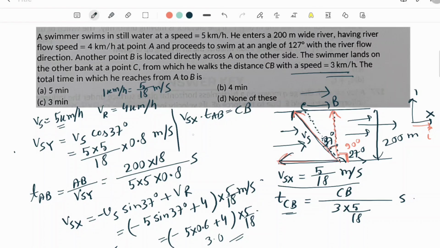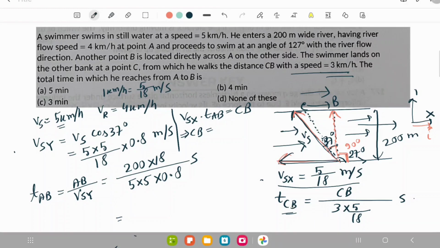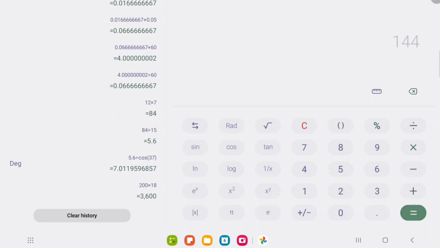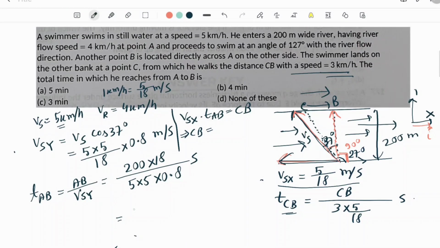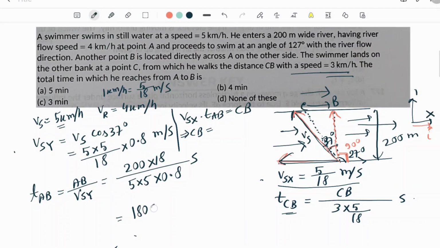That means if we simplify TAB, it gives me 200 into 18 divided by 25 divided by 0.8, which is 180 seconds. So the distance is 5/18 into 180 meters.